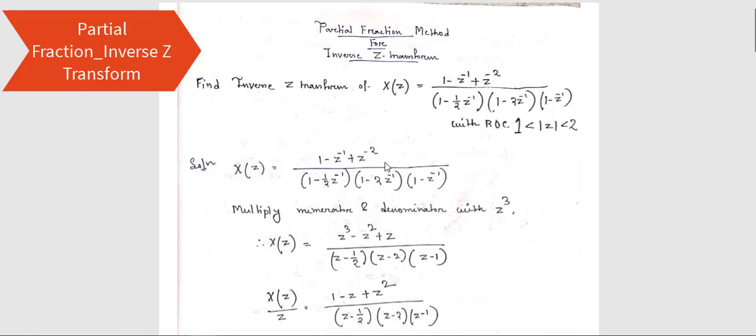That means if you want to eliminate these inverse powers, you have to multiply with z cube in the numerator and also in the denominator, because you cannot choose different ones for numerator and denominator. You have to choose the same variable.